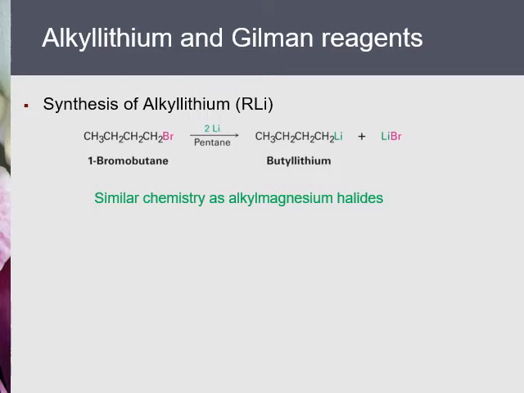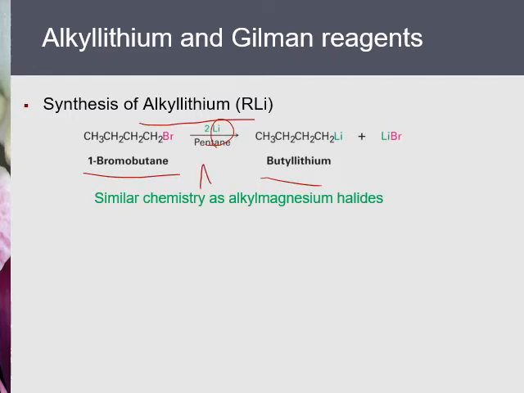We just showed what a Grignard reagent is and how to synthesize it. So now let's look at some similar organometallic compounds, and one is the alkyl lithium reagent. When lithium is added to an alkyl halide, for example 1-bromobutane, butyl lithium is made. Note the difference.